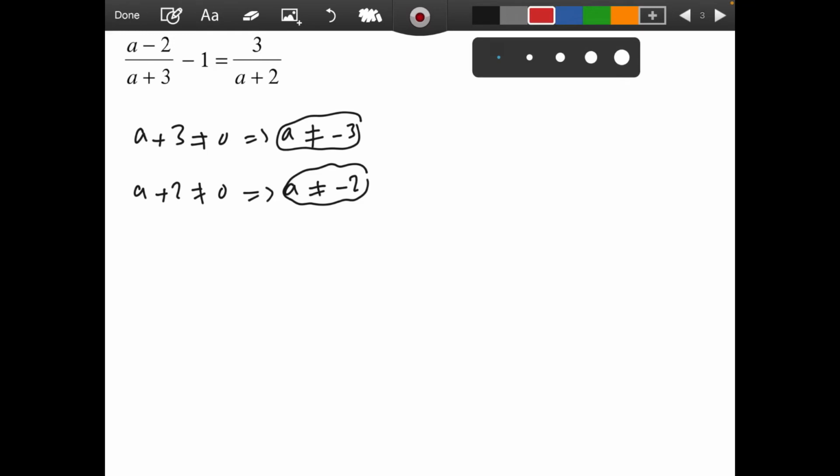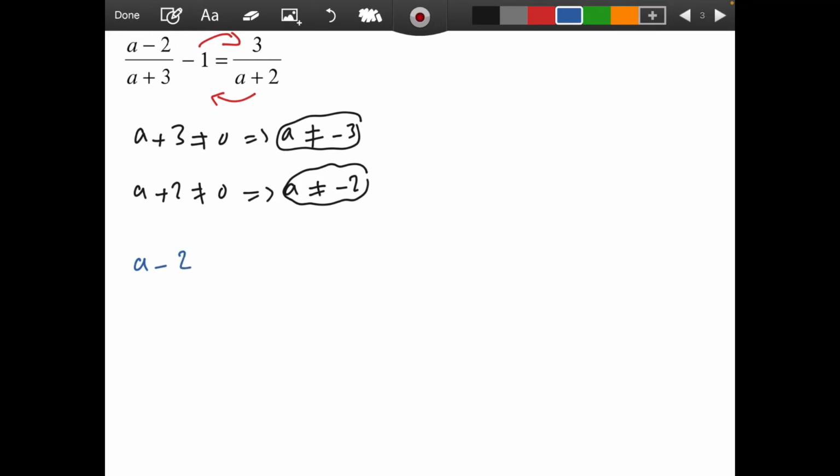For simplicity and just to have space, I'm going to move negative 1 to the other side and this to the left. I repeat, this is not a must. You can leave it as it is. So a minus 2 divided by a plus 3 minus 3 divided by a plus 2 is equal to the positive 1.